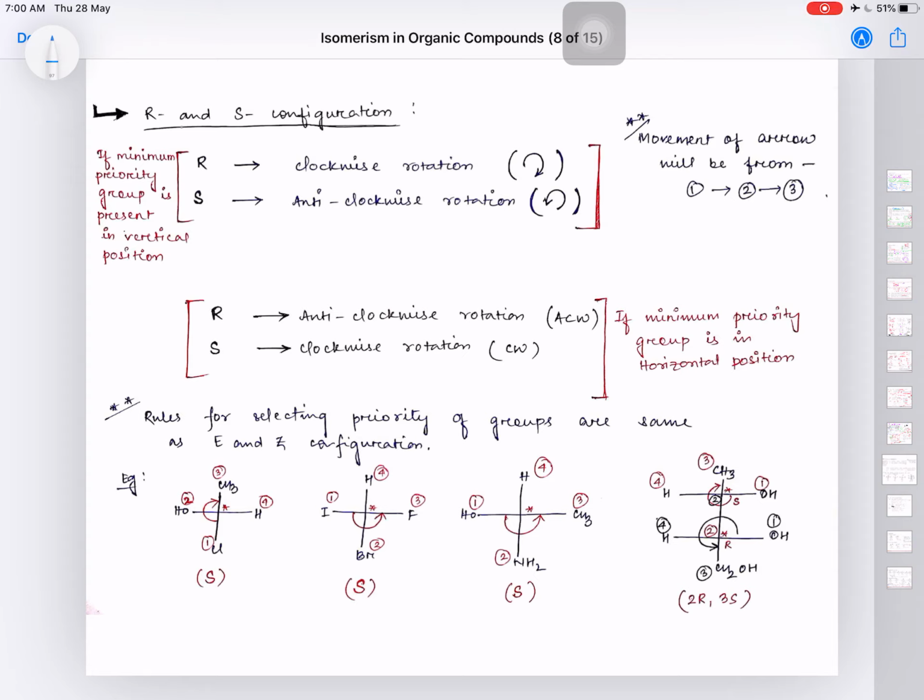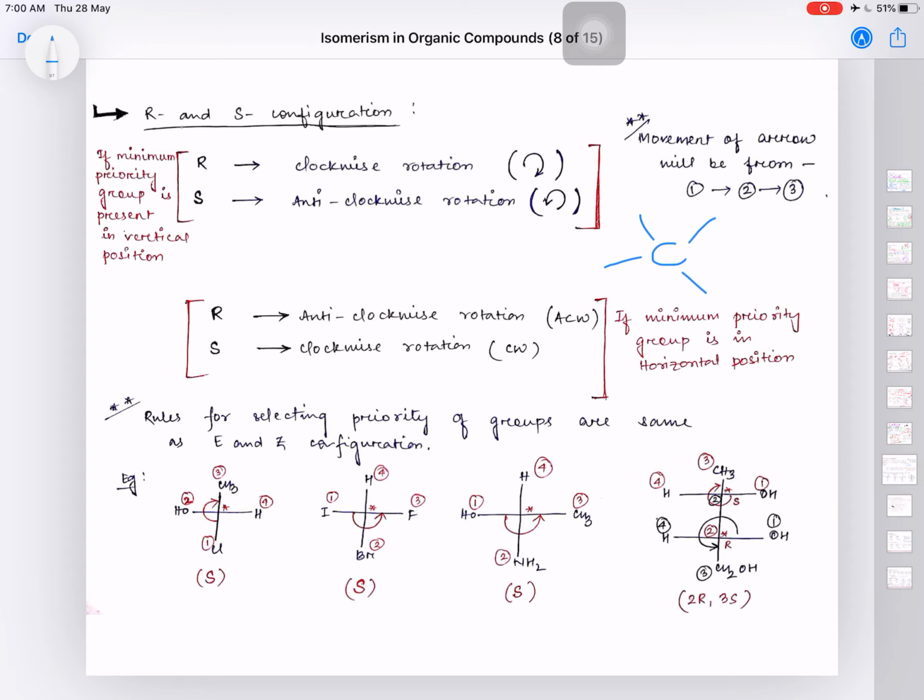But here in the same carbon you have four different atoms. Then how will we assign? So for this type of system we have a separate nomenclature. It's called RS nomenclature.